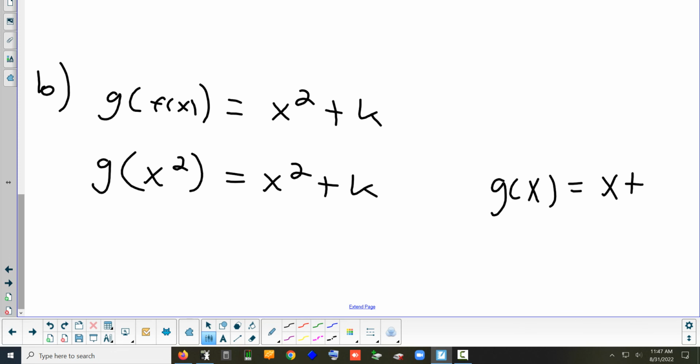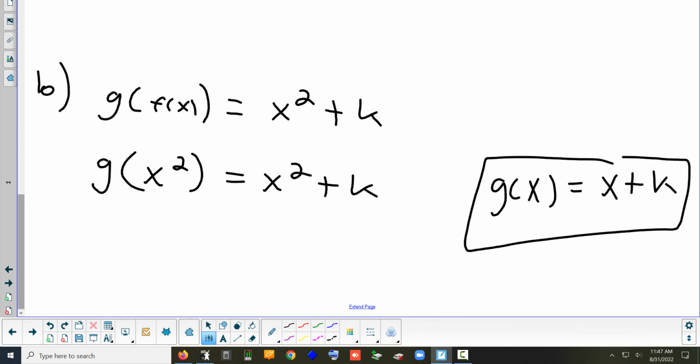Because now, if you replaced x with x squared, you would have x squared plus k. So this is a composition of two functions that represents, what does adding a number at the end do? Shift up and down. This represents a vertical shift as a composition of two functions.